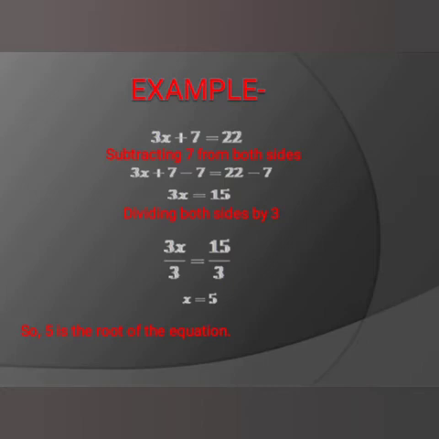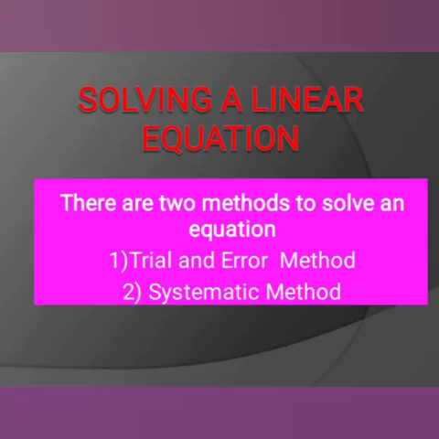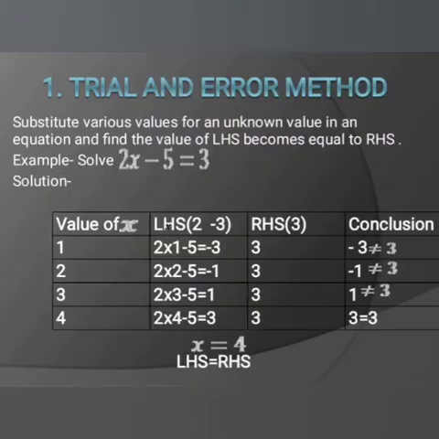Now let us understand how to solve a linear equation. There are two methods to solve a linear equation. First is trial and error method and second is systematic method. So let us understand first the trial and error method.